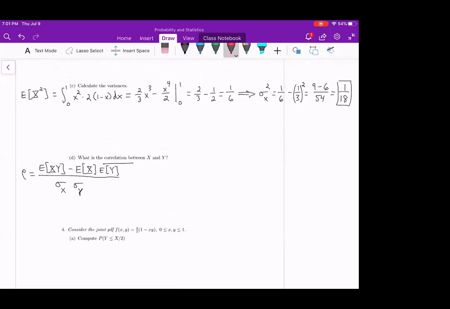Anyone else? Any other questions? Wait, we haven't, so wait, E of xy, that is related to one of the other problems, right? You said you do it slightly differently.